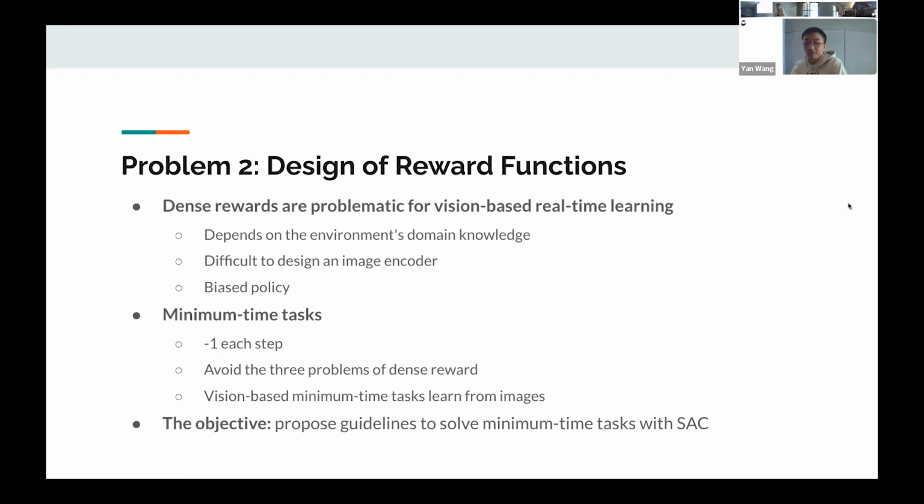Similarly, if tasks are vision-based and the goals are represented as images, we call them vision-based minimum time tasks. Using the minimum time formulation, the task designer can easily avoid the aforementioned three problems by focusing solely on recognizing task success rather than trying to guide the learned policy with domain knowledge.